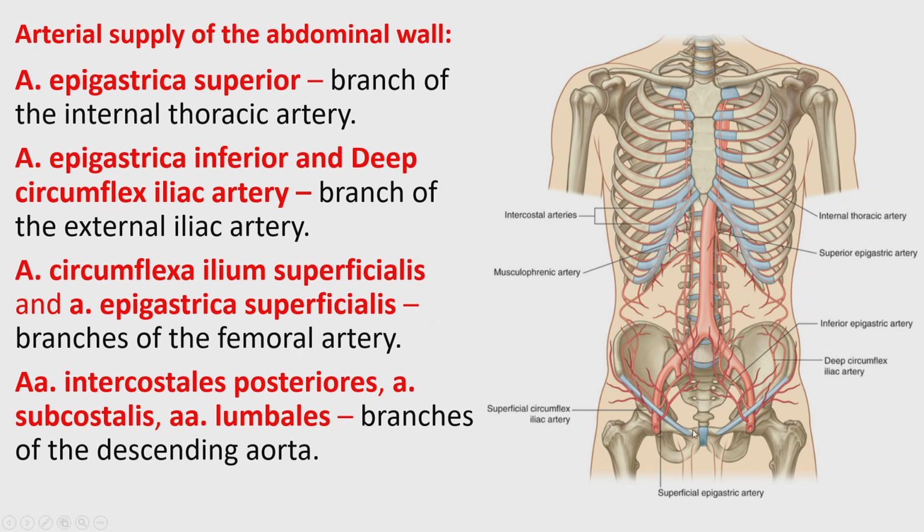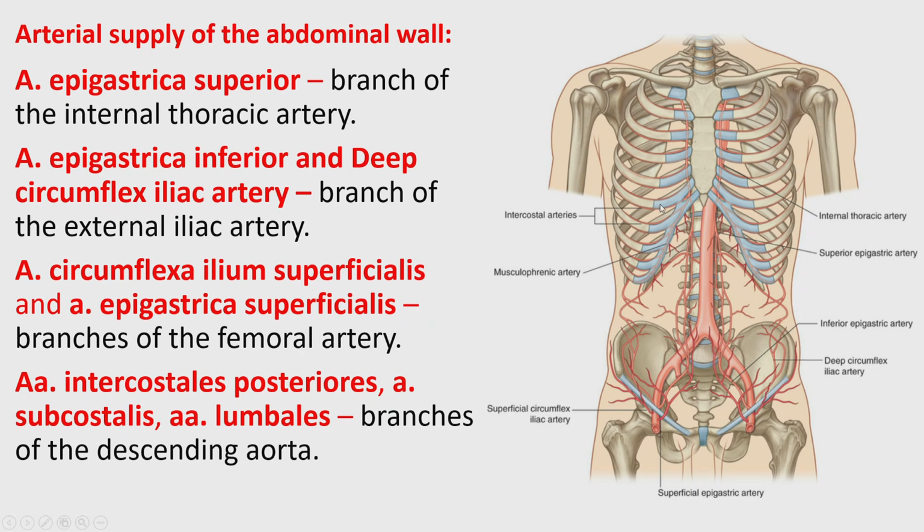Above the inguinal ligament is the external iliac artery. It gives these two branches, the deep circumflex and the inferior epigastric. After the inguinal ligament, the name changes and it becomes the femoral artery. The femoral artery gives the superficial circumflex iliac artery, and also the superficial epigastric artery, which supplies this area superficially.